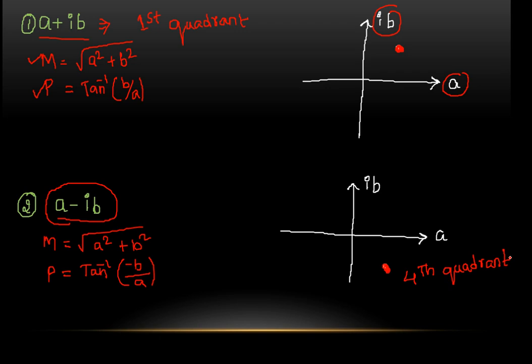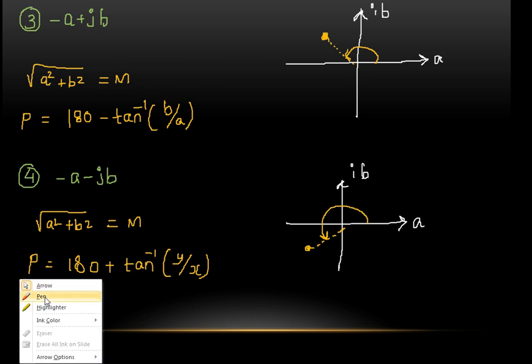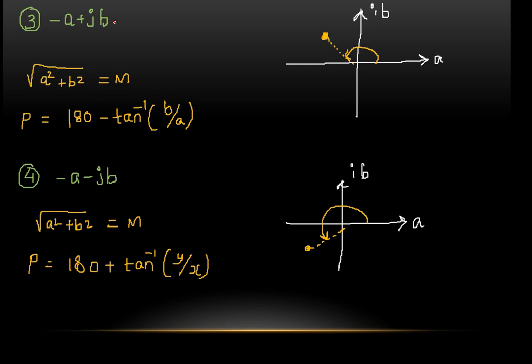Similarly, if you have the complex function minus a plus jb, here also the magnitude is the square root of a square plus b square, but the phase is tan inverse of b by minus a. The imaginary part is b and the real part is minus a.